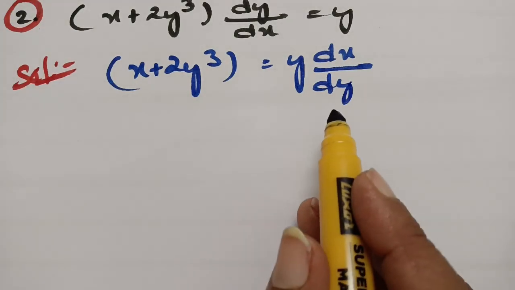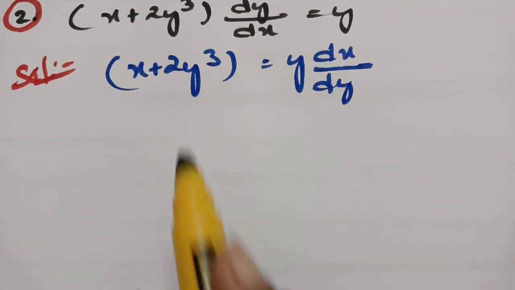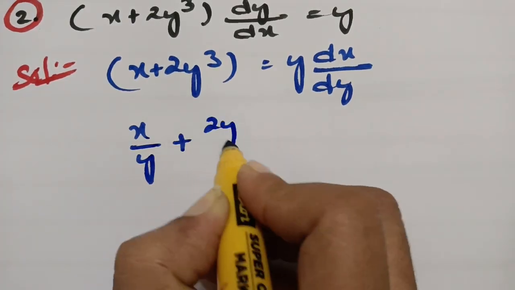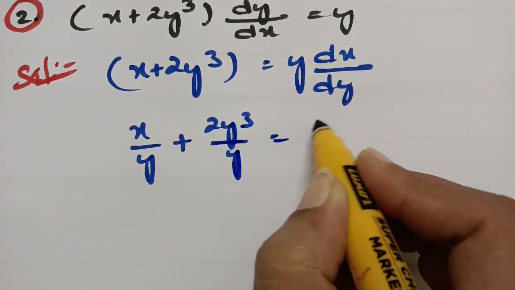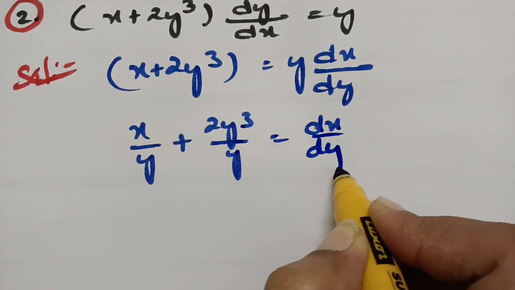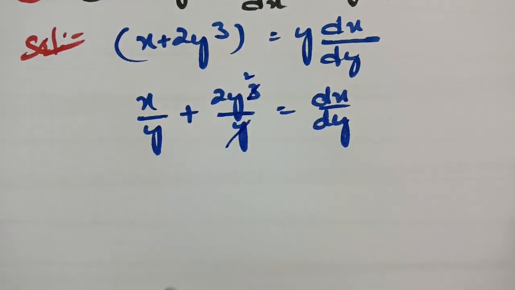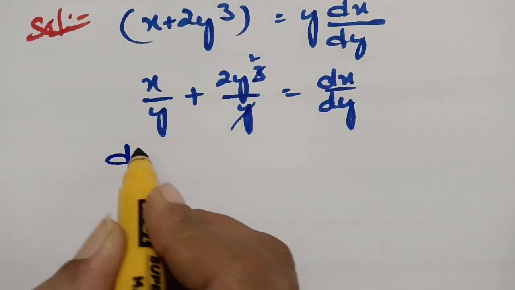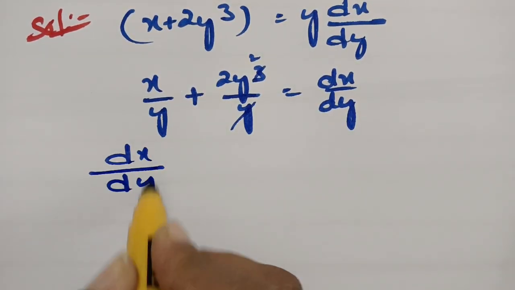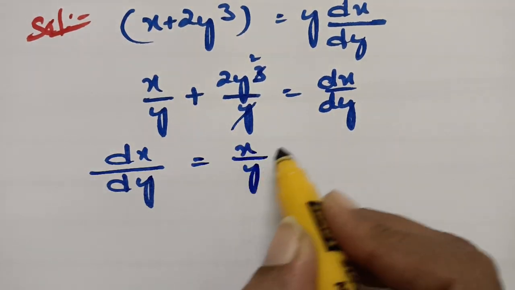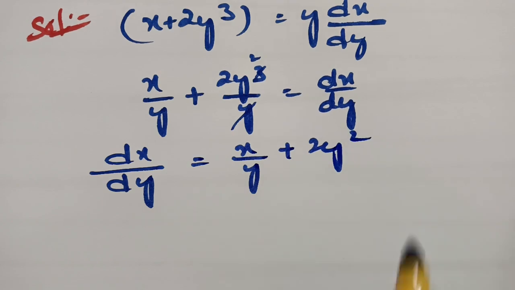Now if I send this y to the other side, then this will be x by y plus 2y cube by y is equal to dx by dy. If I cancel one y, y square remains. So now I write dx by dy is equal to x by y plus 2y square.